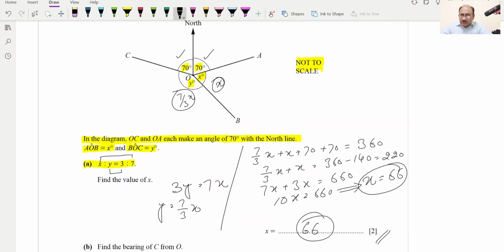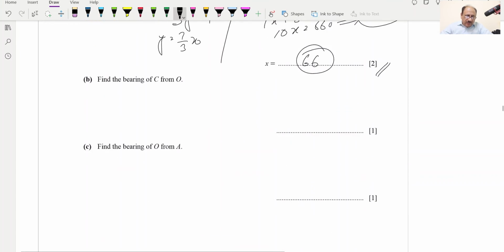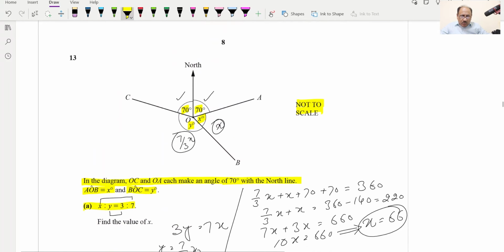This is the 2-mark part which we have done. Now they're saying find the bearing, B part, find the bearing of C from O. So we will go to O, C from O. It's already there, north is over here. From this north we'll be taking the clockwise angle.